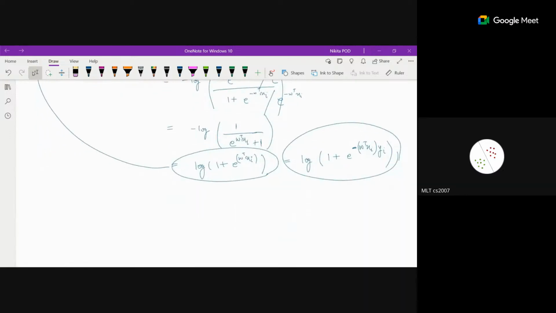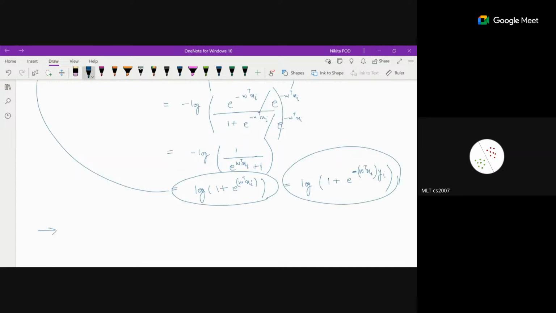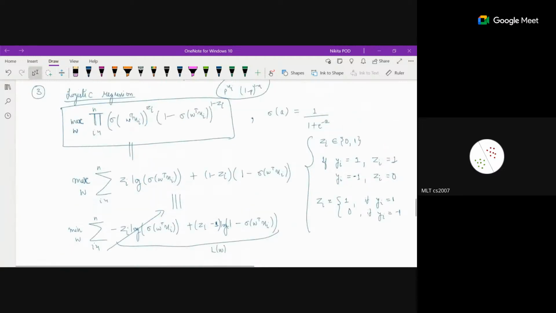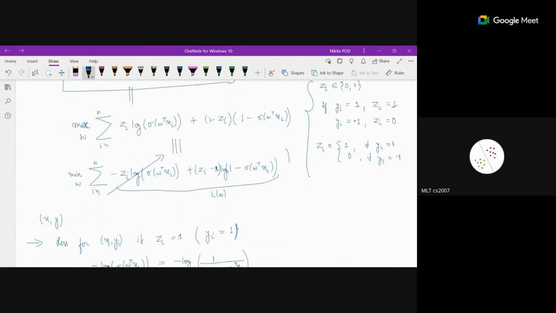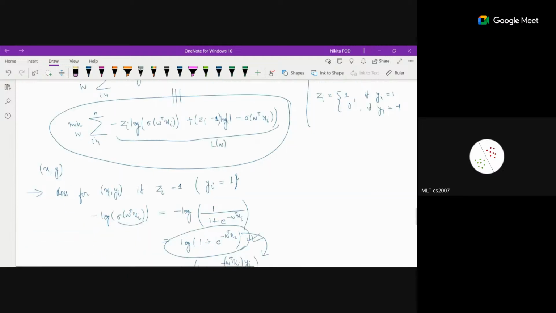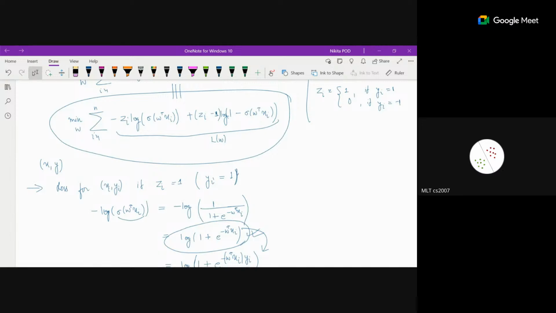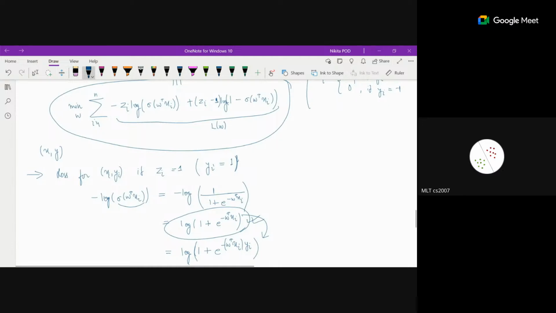Now, this can be written as, the objective was to minimize this term, right? Minimize this. So now I know that minus of log of sigma of W transpose Xi can be written as this, and even minus of log of this can be written as the same term.